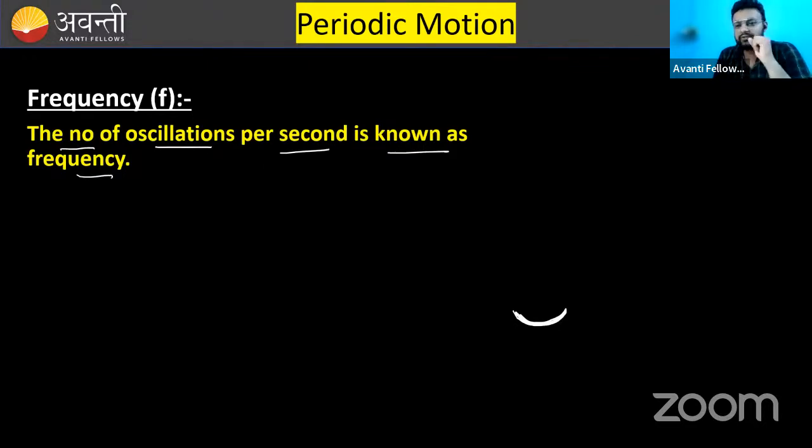It is denoted by small f. Okay. So what will be the unit? Number of oscillations per second. Number is a unitless quantity, per second. That means the unit is second inverse. And second inverse is also known as hertz, denoted by Hz.